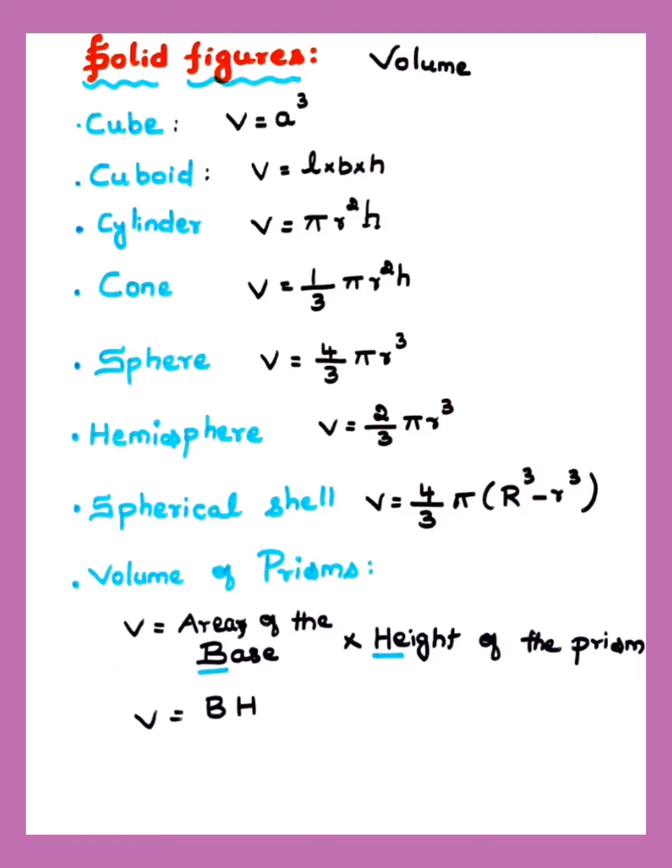For spherical shell, 4 by 3 pi of r cube minus small r cube. In a spherical shell, this r will be for the outer circle and small r for the inner circle. And volume of prism, V is equal to area of the base into height of the prism. So we can write V is equal to B into H.